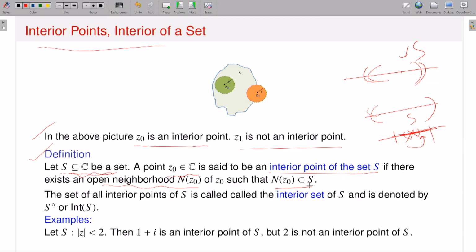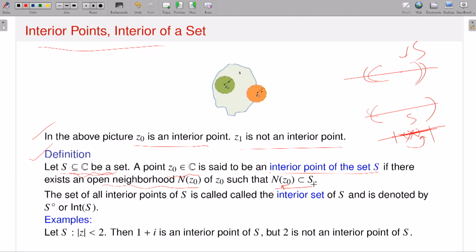Automatically, if a point is an interior point, it has to be in the set, because z naught is a point in its own neighborhood. So z naught should also be a point in S. Therefore, when I am talking about an interior point, that point has to be a point in the set S, along with the fact that I should have one open ball or open disc with center z naught which is fully contained in that set, like the same definition in the context of the real line.